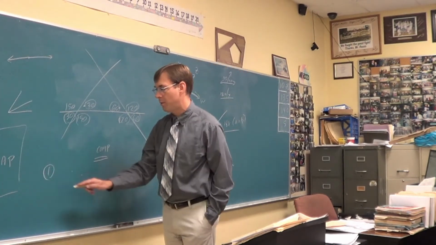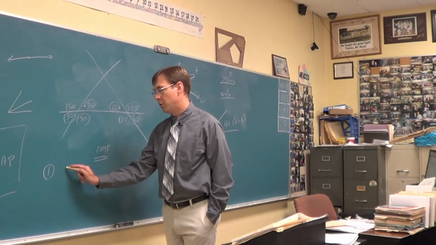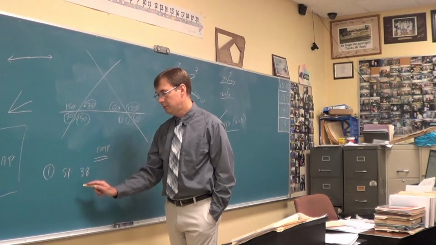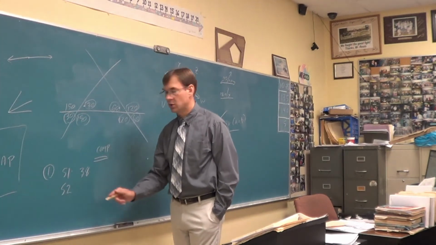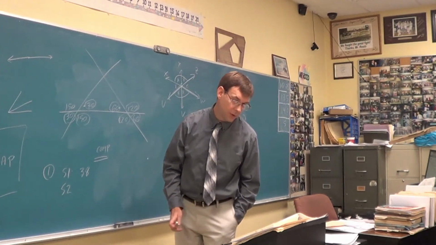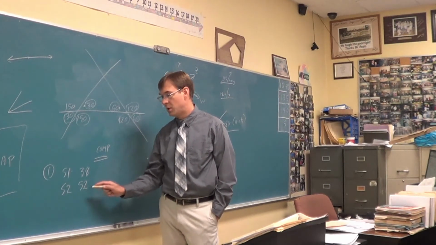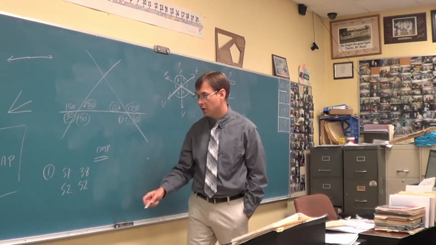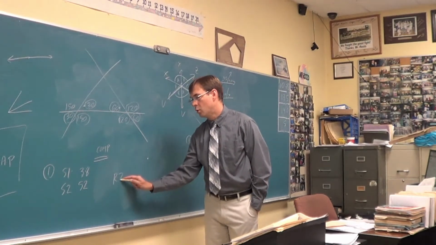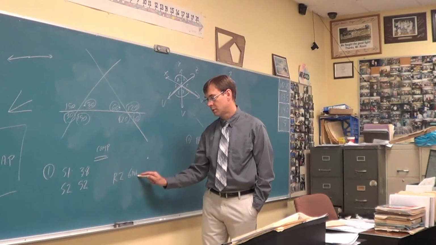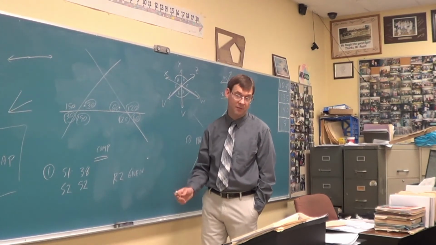Here's homework problem number 1, and then statement 1 is 38. Statement 2. What is statement 2? 52. We just copied that up from the top. What's reason 2? Also given, because we're just copying that still up from the top.